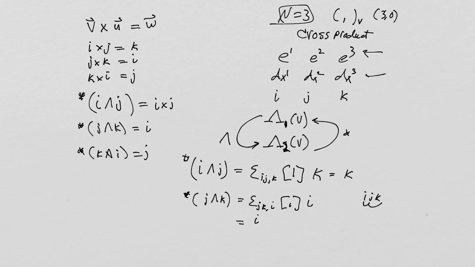What's important to understand, though, is that this idea of getting back to the space of vectors, not the one-form space, the vector space, going from vectors to forms back to vectors, or one-forms to p-forms back to one-forms, really only works in three dimensions, right?